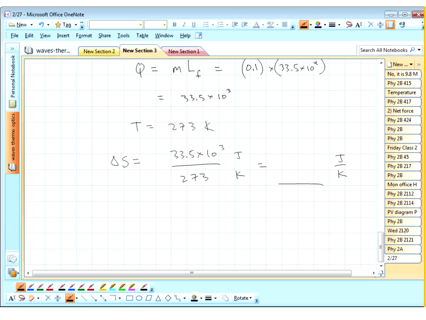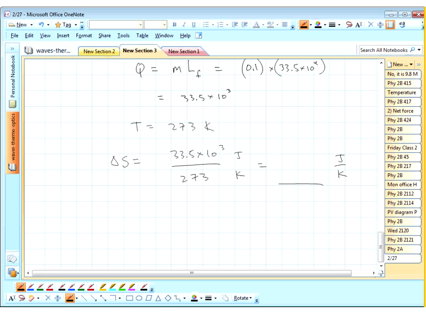So the second law of thermodynamics says that the entropy of the universe is always increasing. You can look at individual steps. Some might decrease, some might increase, but overall the entropy is going to increase.